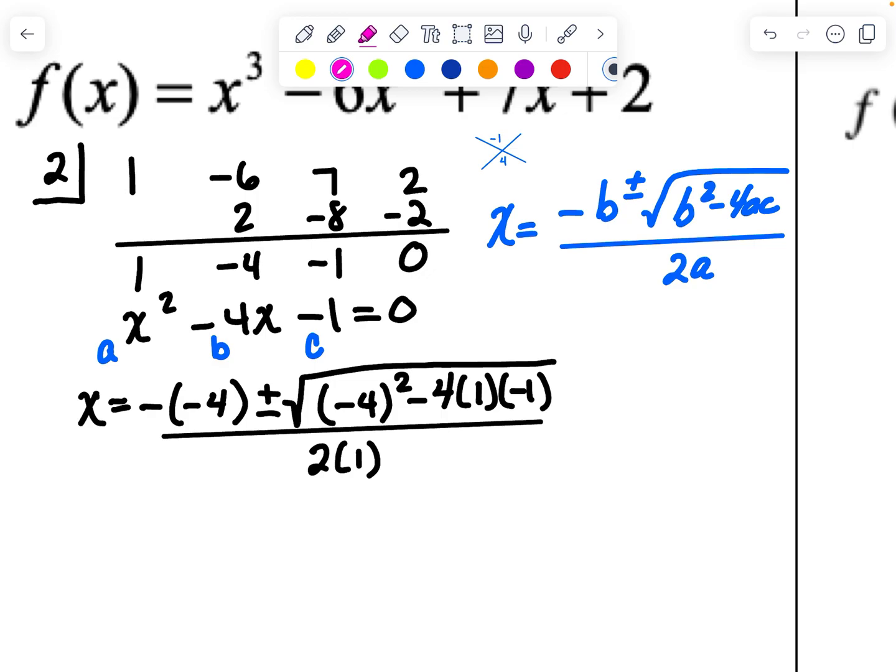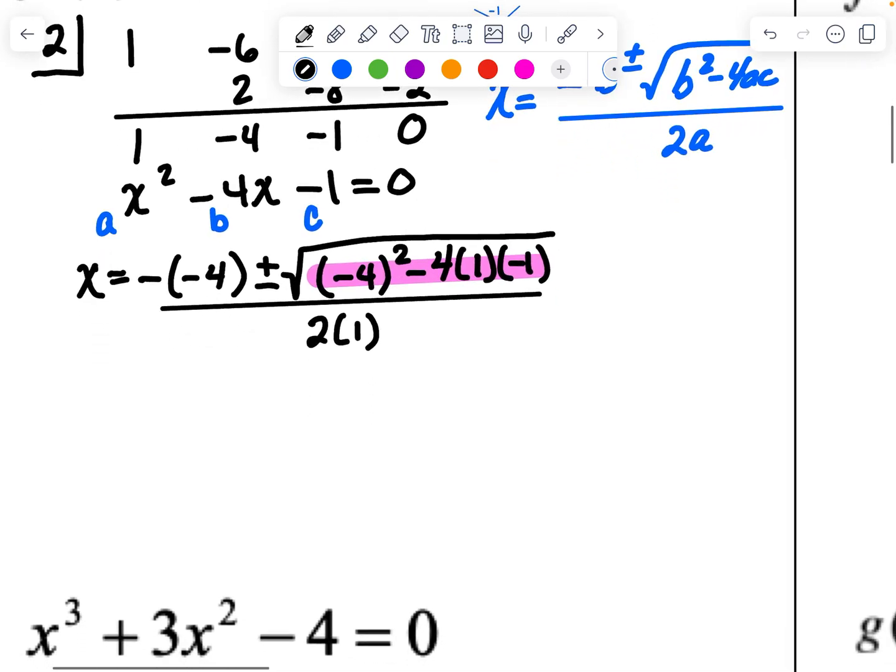Then you're going to put this in your calculator. And when you put that in your calculator, you get 20. So then you have x is equal to 4, plus or minus the square root of 20, over 2.